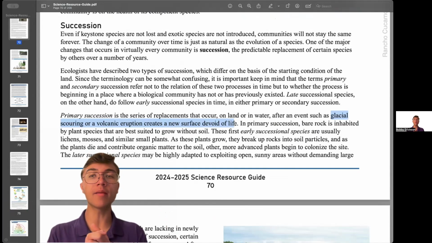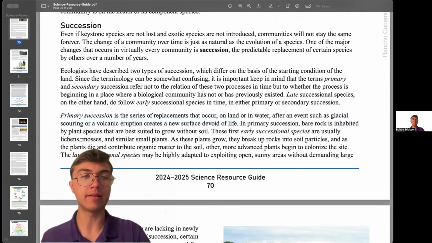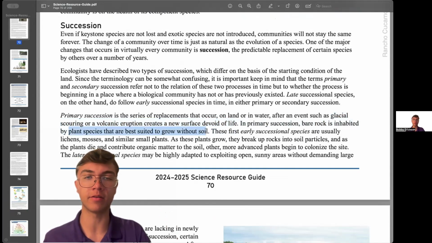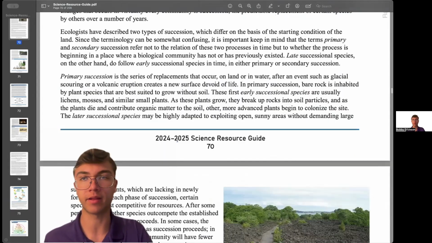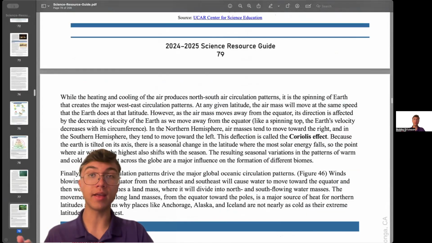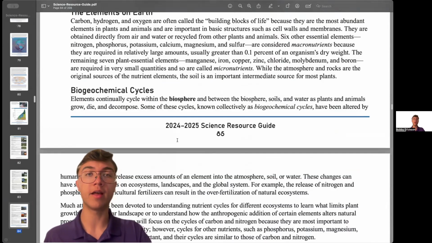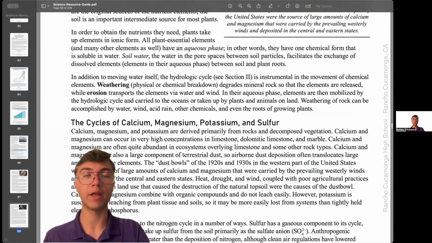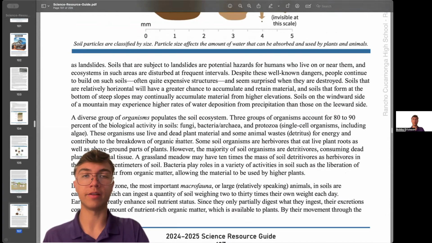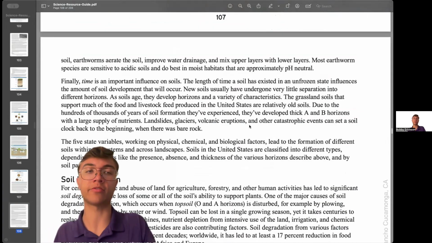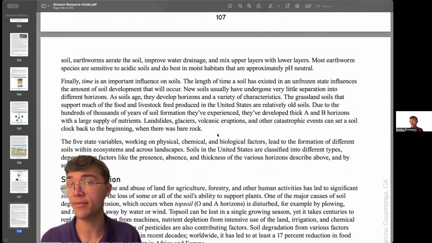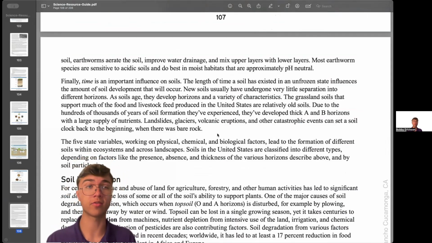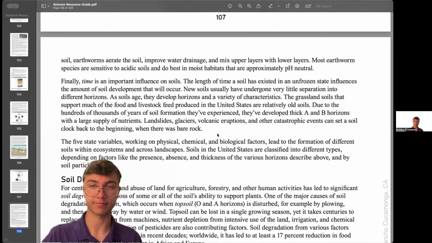And so there's bare rock, no soil, and it's a lot of plant species that are best suited to grow without soil, right? Such as lichens, mosses, and other small plants. So this is where we have primary succession. If there were catastrophic events, then we aren't going to be having very thick soil horizons, now are we?